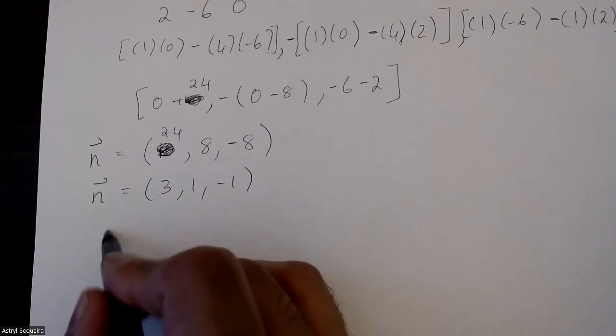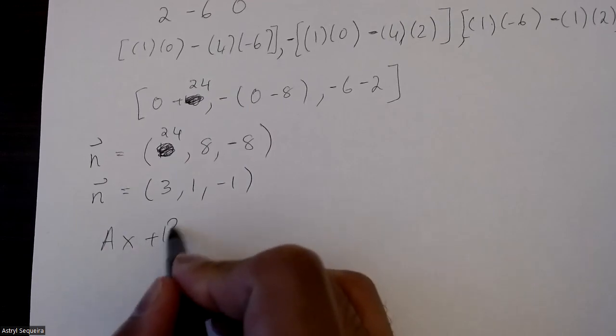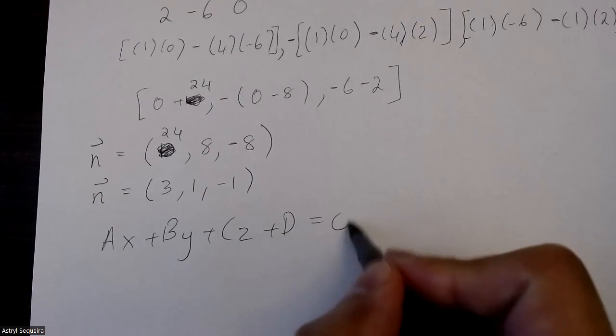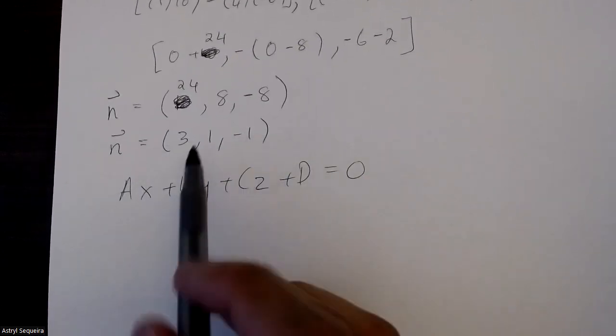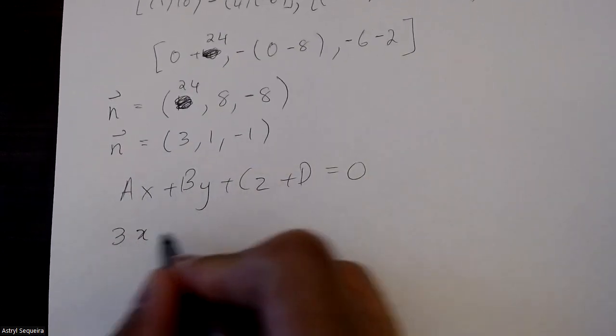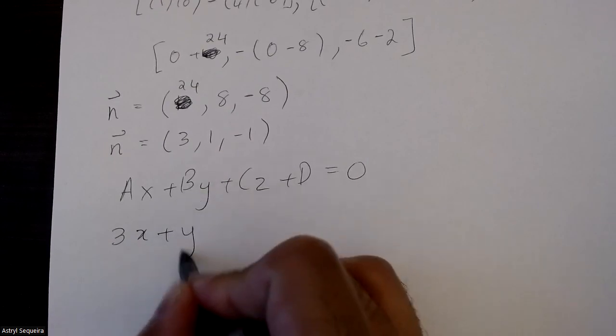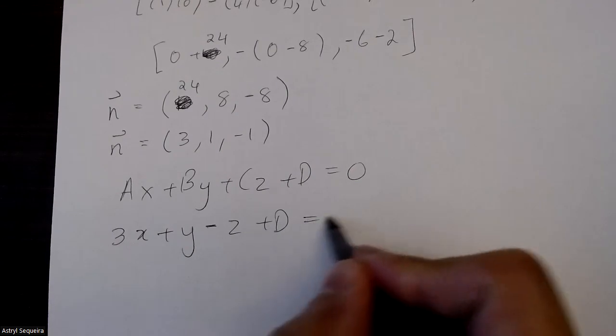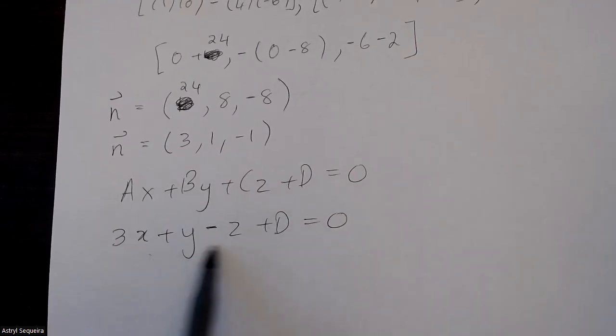And now I want to put it in Cartesian form, which is ax plus by plus cz plus d equals to 0. I know my normal vector is my a, b, and c. So 3x, b is just 1, c is just negative 1, plus d equals to 0. And I can sub in any point in and figure out my d value.